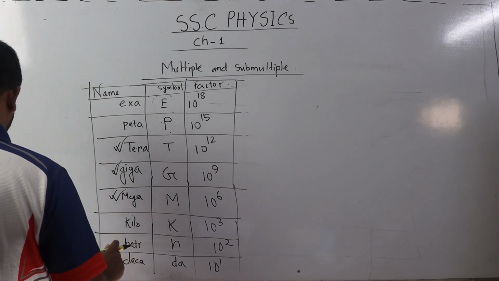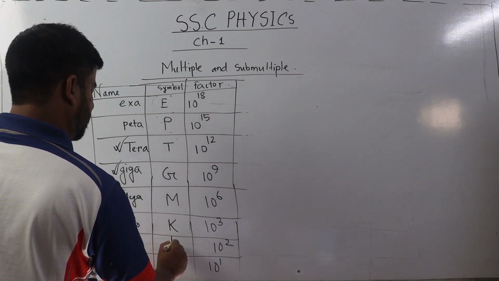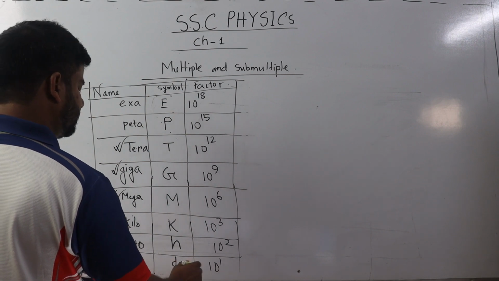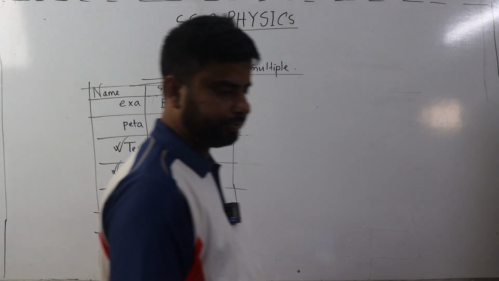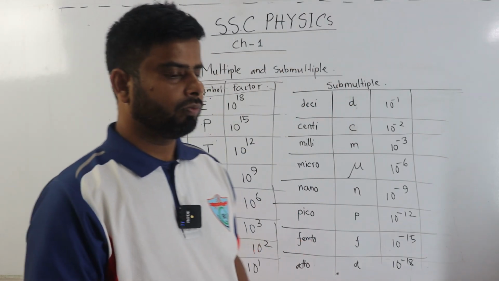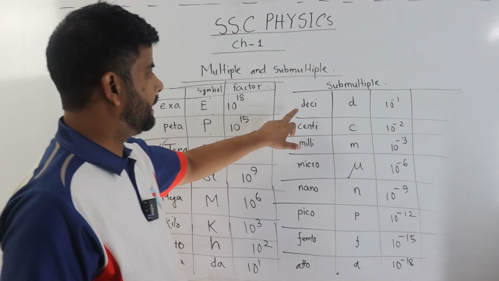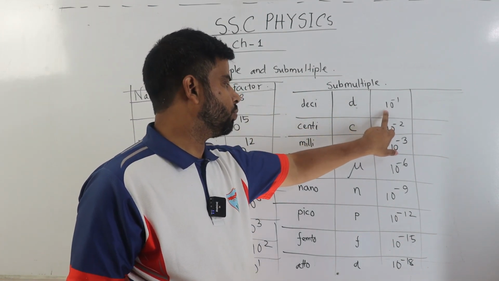Hecto, small h, 10 to the power 2. Deca, symbol da, 10 to the power 1. Now submultiples. Deci, symbol small d, 10 to the power minus 1.